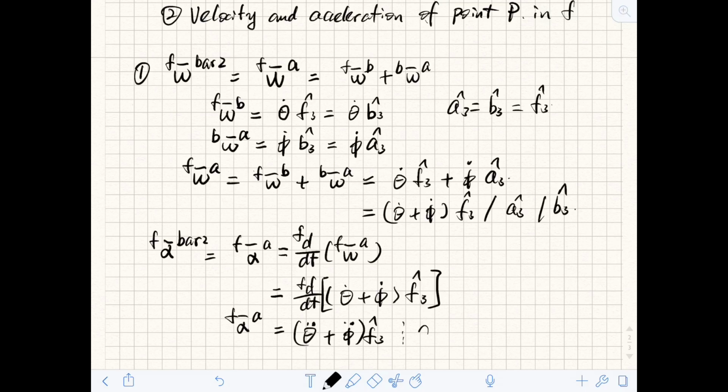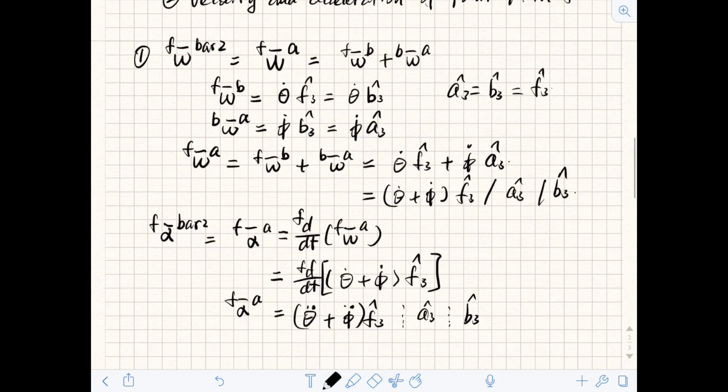Again, you can use A3 or B3 as the vector. Notice we're dealing with simple rotations or planar rotations in this problem, so we don't have to apply BKE to find the angular acceleration. But for more complicated problems in 3D rotations, you'll have to consider and use BKE to find the angular acceleration.